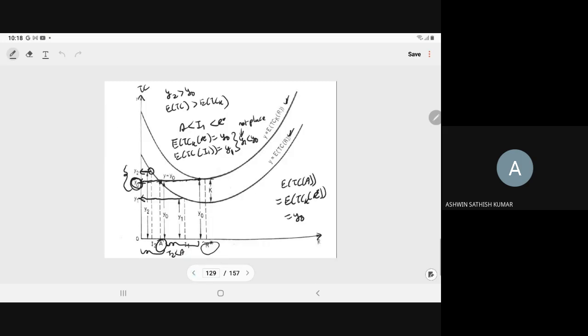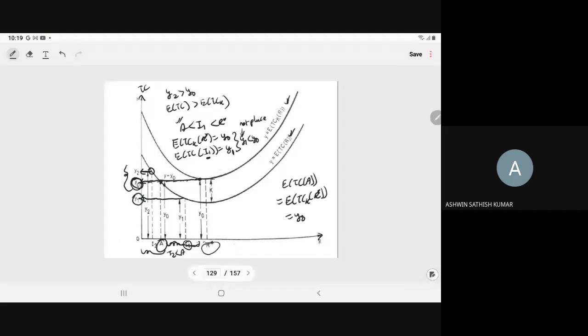We have considered that I1 is above A but lesser than R star. When we do not place an order, the inventory level will be I1 only, so the ETC will be Y1. This is your Y1. And when we place an order, the quantity will become R star.